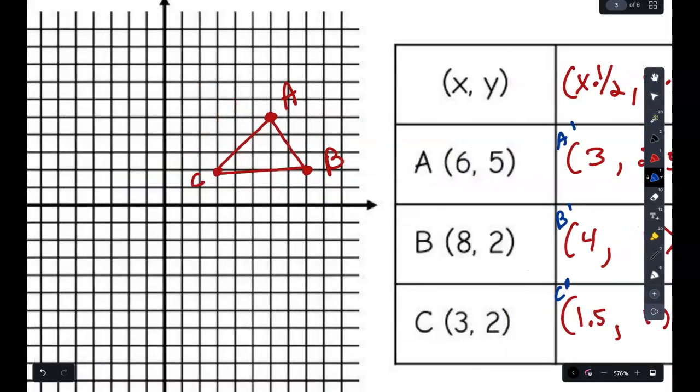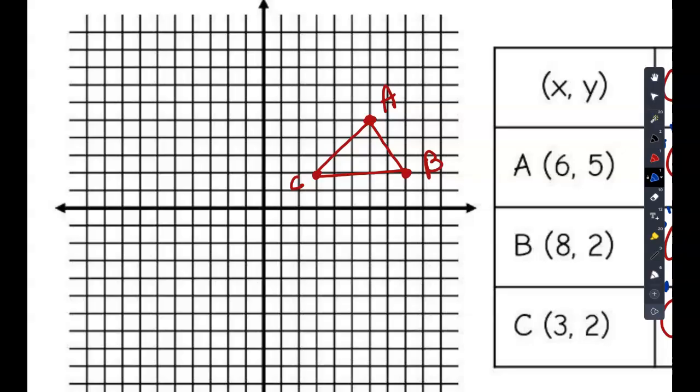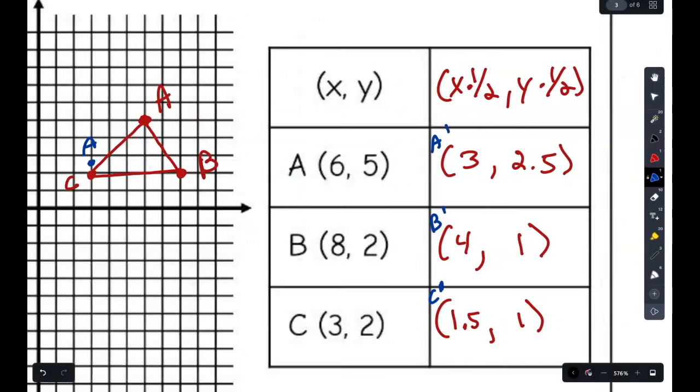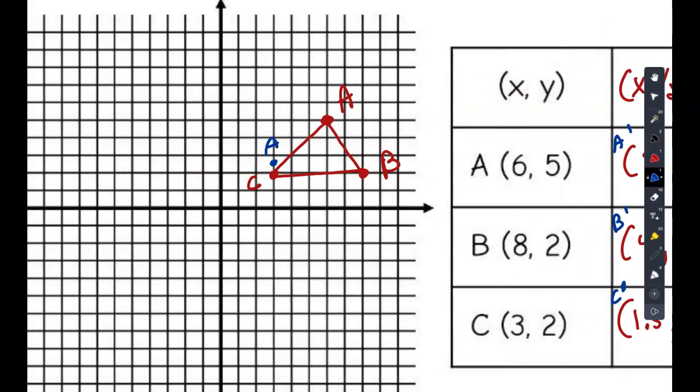So got 3 and 2.5. About right here. All right, that's A prime.